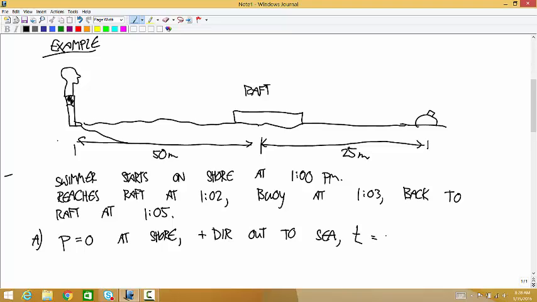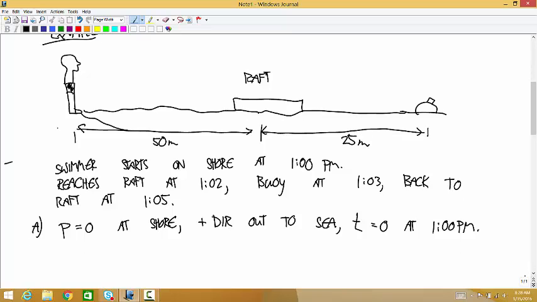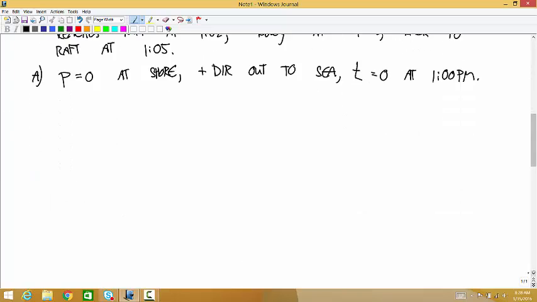And time equals 0 is at 1 p.m. Plot a position versus time graph in SI units. Okay, you do it. I'm bored of this.